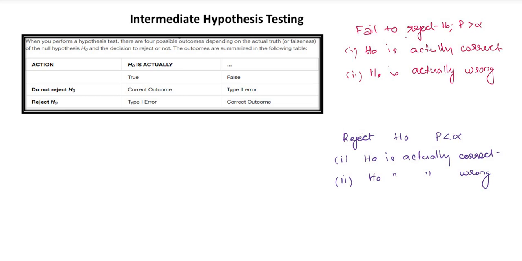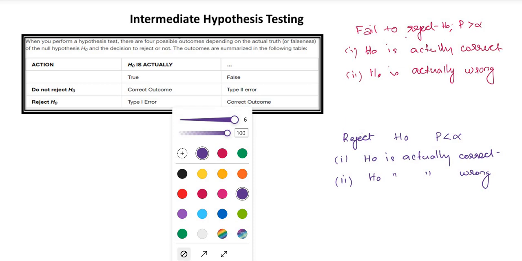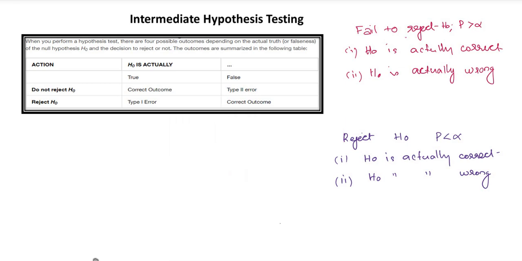When we reject the hypothesis and H naught is actually wrong, there is nothing wrong. The decision is correct, right? We reject the wrong case, so that is correct.